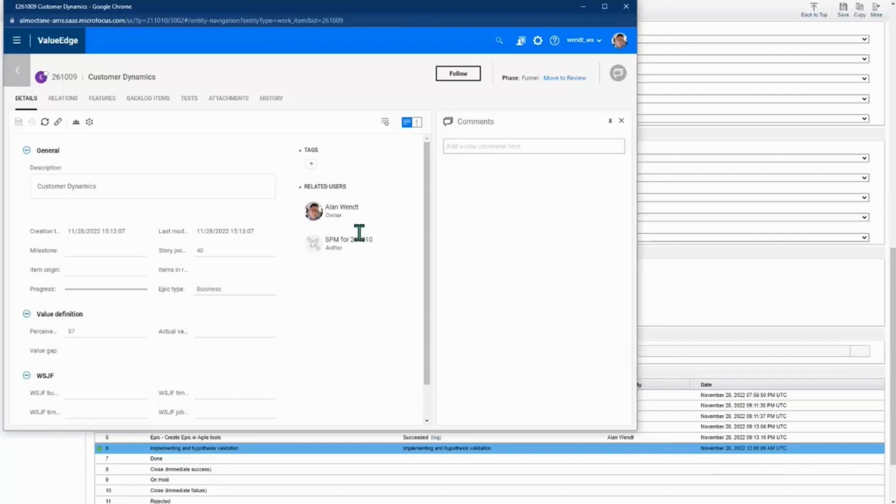You see who the owner is and who created the request, and then in this case, this customer dynamics is now part of a detail tab where you can further decompose that work.